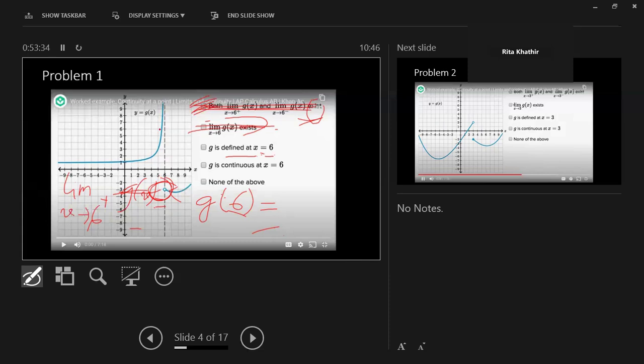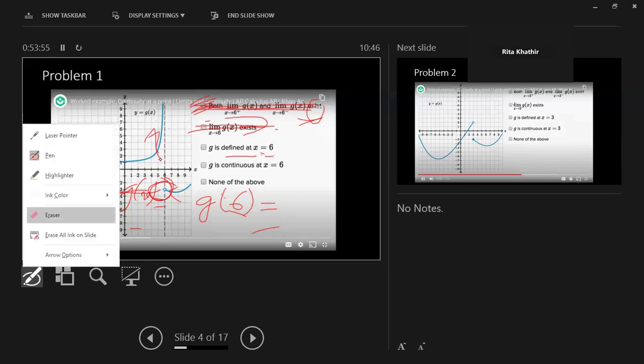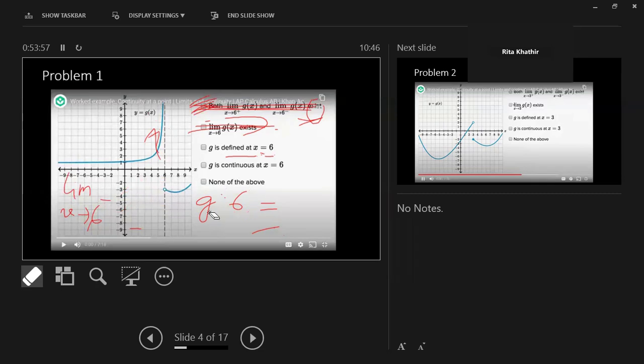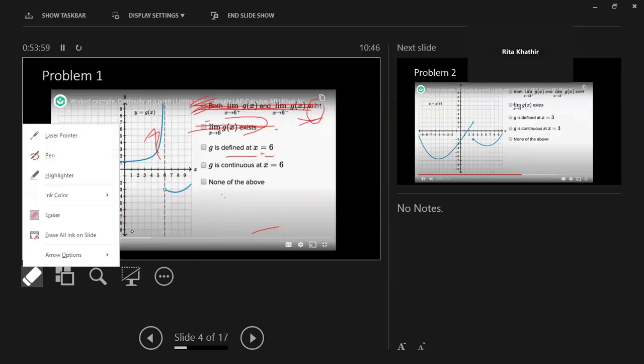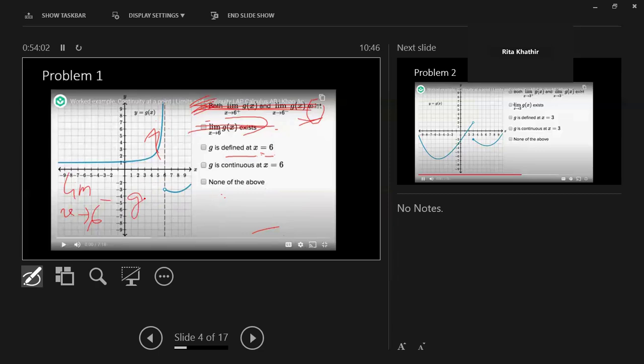And if we go to this, limit x approaches 6 from the left hand side of g of x. What happened here? Equals to what? How can you determine this?